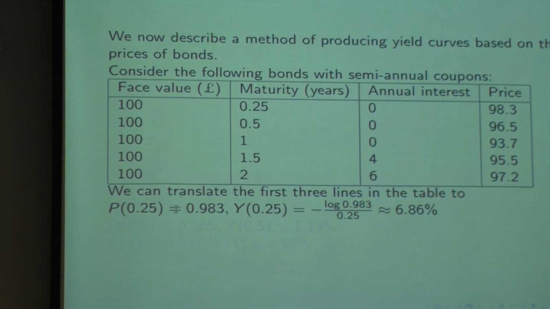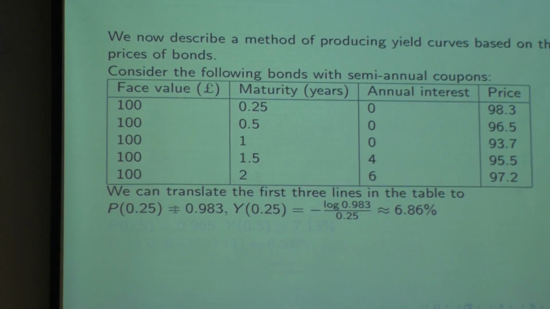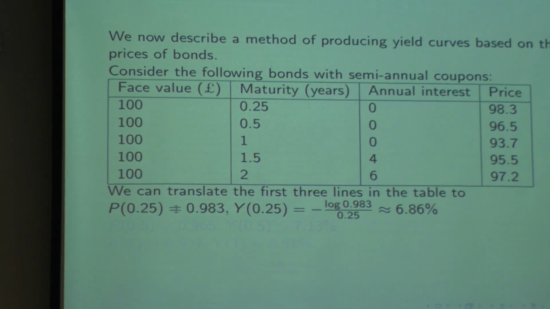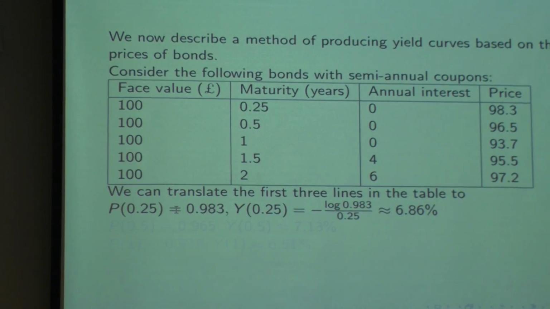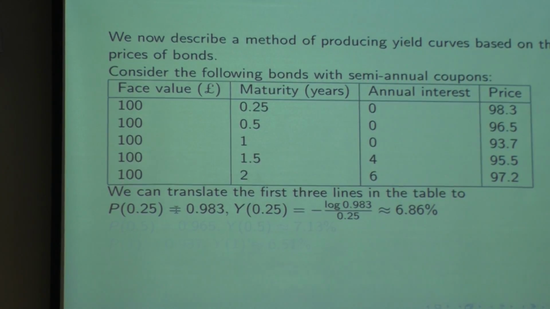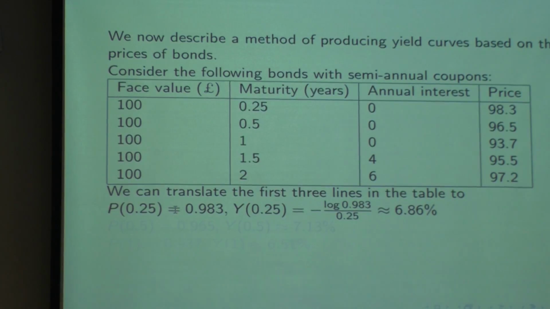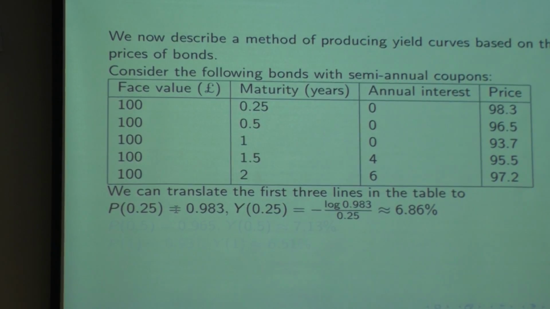Because if you own the first bond, you own a piece of paper that entitles you to £100 in t years, and that is worth 98.3. So how much do you pay now to get £1 in a quarter of a year? Well, you pay 1/100th of that. So p of a quarter of a year, which is the present value of £1 paid in a quarter of a year, is 98.3 divided by 100. Is this making sense?